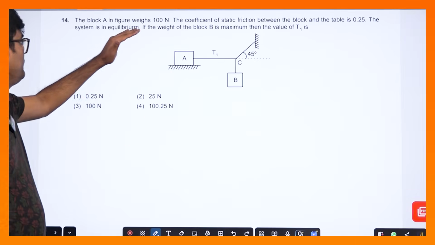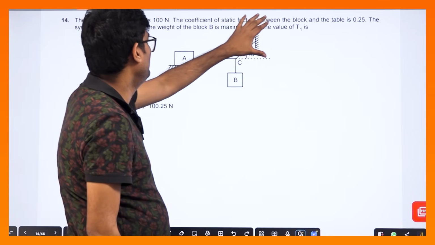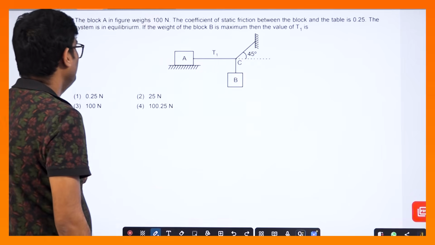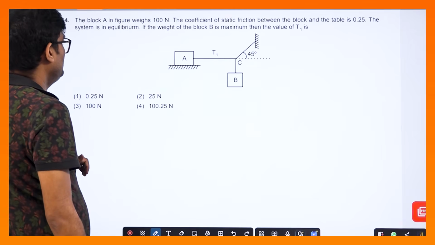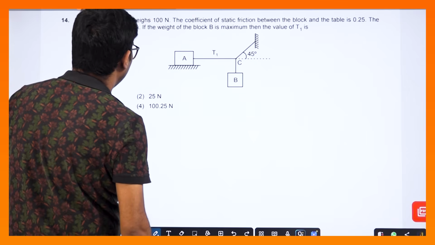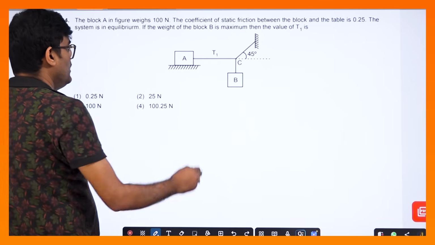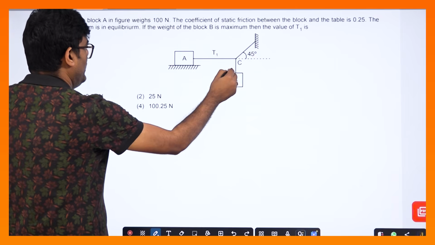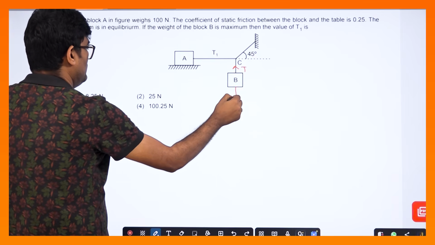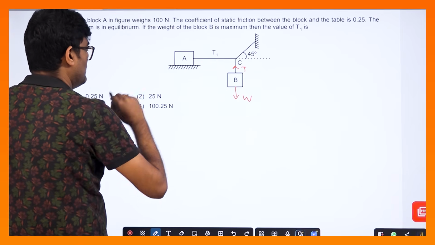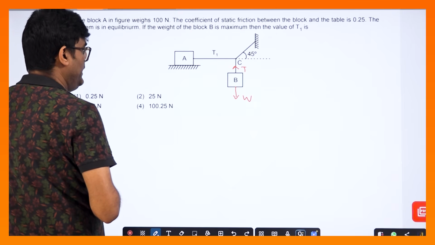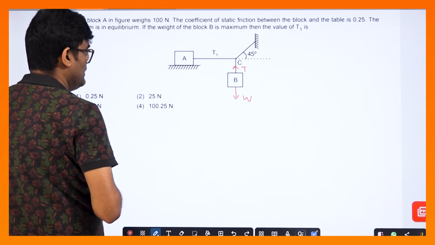The block A in the figure is 100 Newton. Coefficient of friction is 0.25. The system is in equilibrium. What is the weight of the block B? Suppose the weight of the block B is W. Then this tension is providing the weight, as it is at rest.